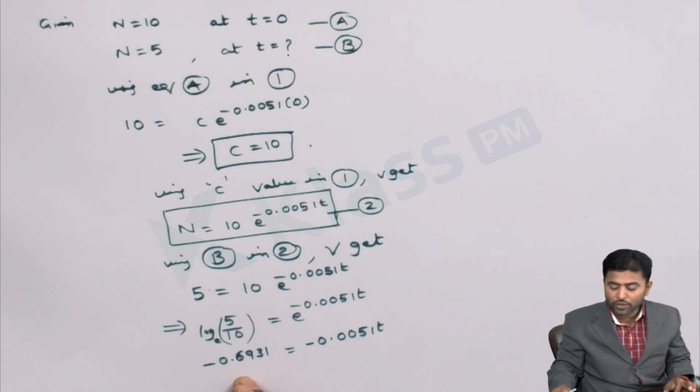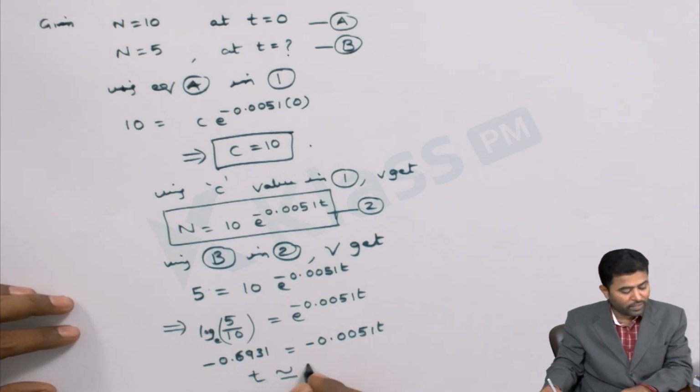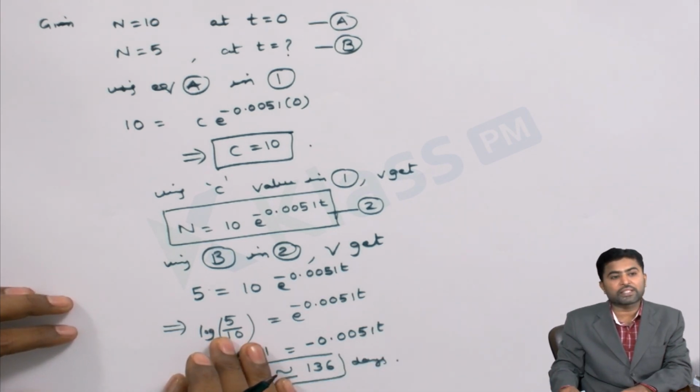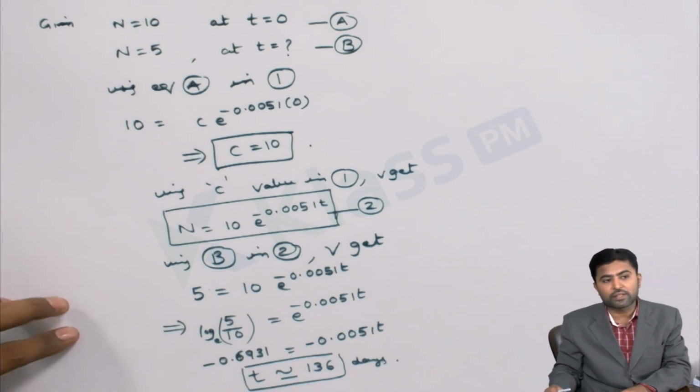From this I'll get the value of t by dividing by minus 0.0051, so t is approximately 136. Yes, for reducing the mass to its half, it takes approximately 136 days.